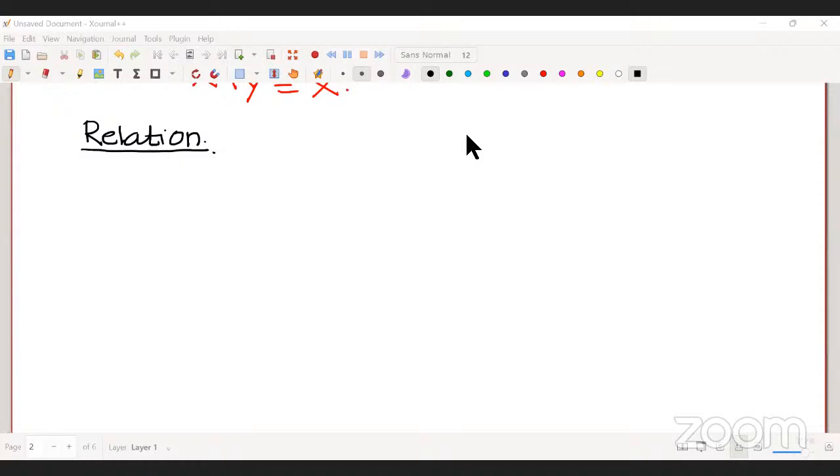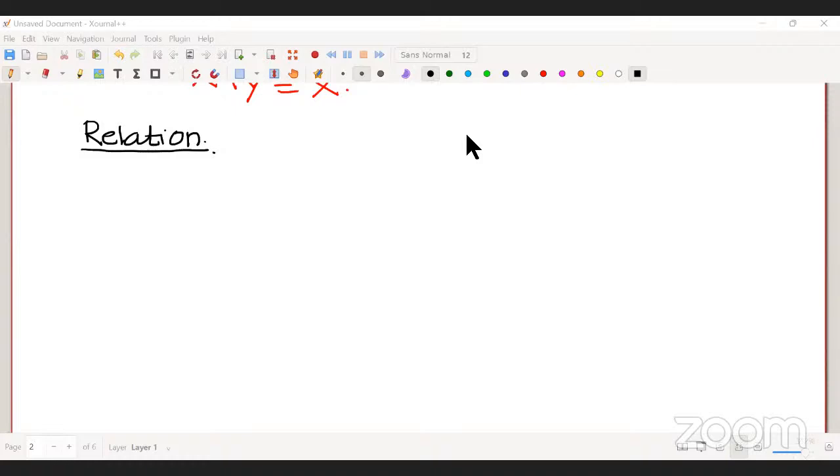Relation can be defined between two sets, where one set is a subset of another set. No, you tell me the definition. Is relation a subset of a set according to some kind of condition? Again, you are saying some kind of condition. What is that condition? Say it clearly. Whatever most of you are saying is completely wrong.